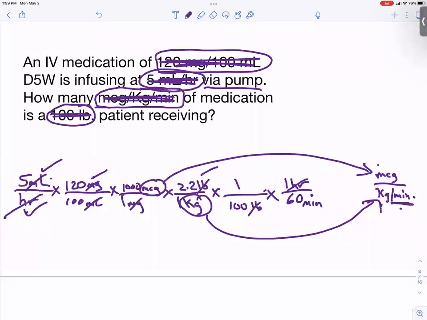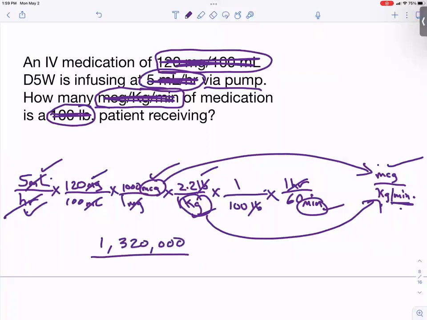I look over my problem. I have my micrograms in my numerator, kilograms and minutes in my denominator. Everything else is crossed off. So now I'm ready to solve. You can do the long gross math. That's fine. And when you do it, 5 times 120 times 1,000 times 1 times 2.2 gives you like 1,320,000.